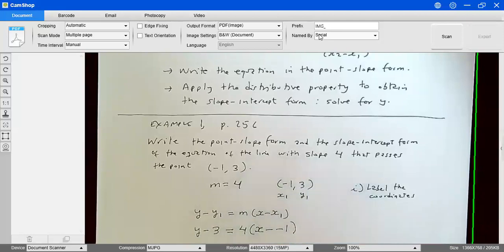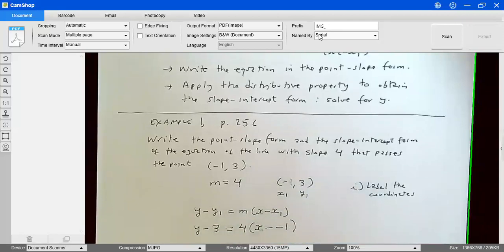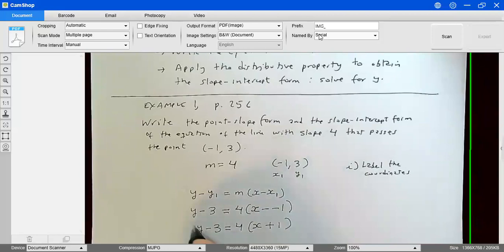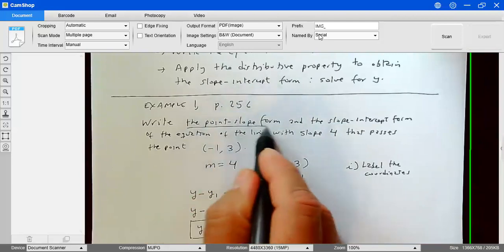So I have x minus minus 1. So we simplify this. So we have y minus 3 equals 4 that multiplies x plus 1. So this is the point slope form. That's the first part.